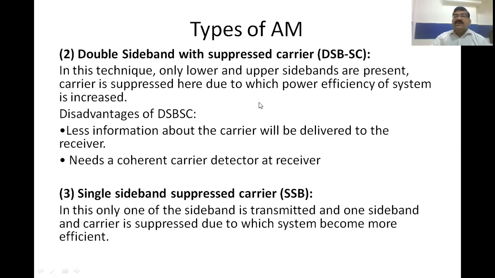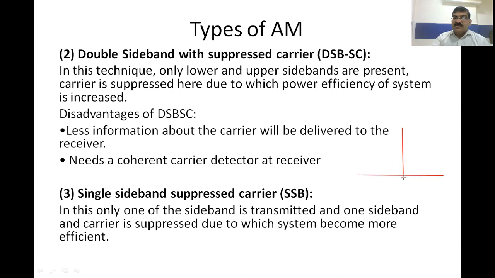So what we are doing, the carrier, which is between both the sidebands, we can just see in the frequency spectrum. Something that if you see in time domain, you can understand very easily, and something that if you see in the frequency domain, you can understand very easily. Here the frequency spectrum is there.